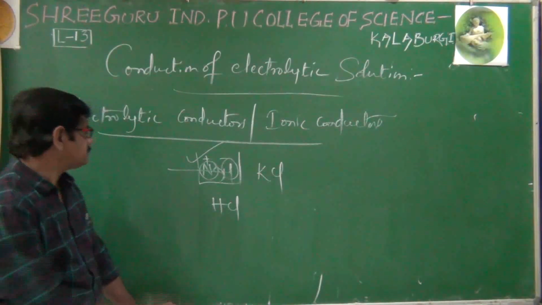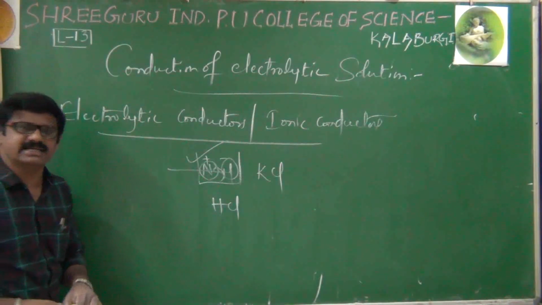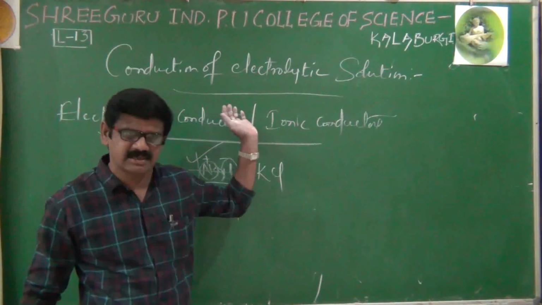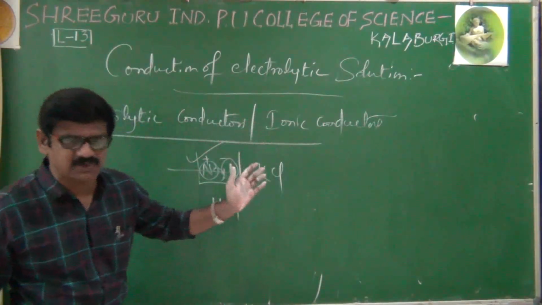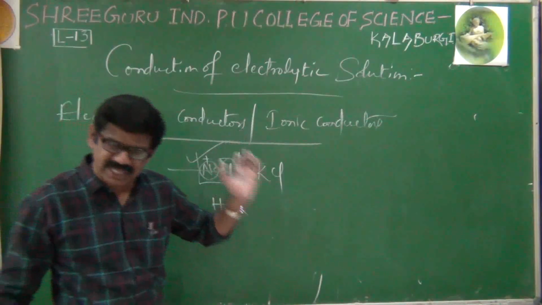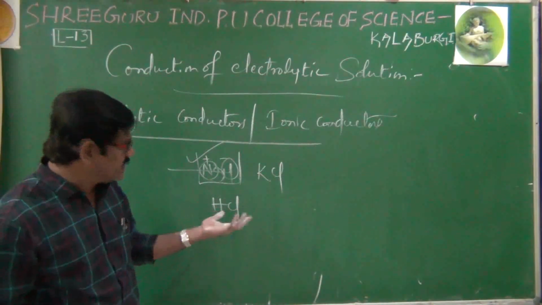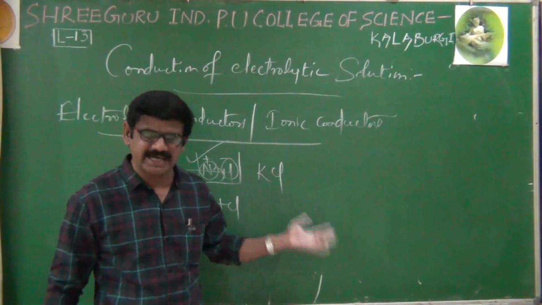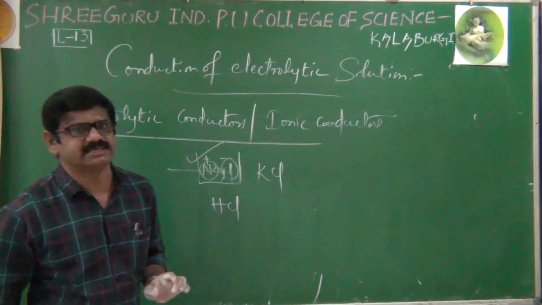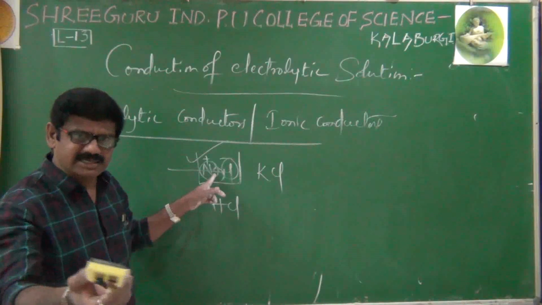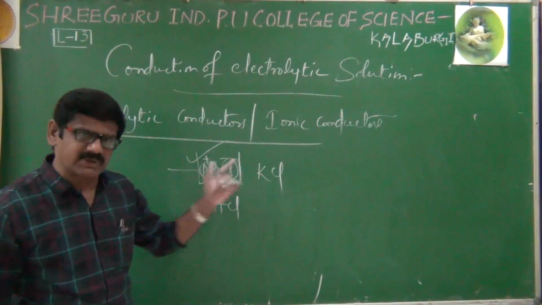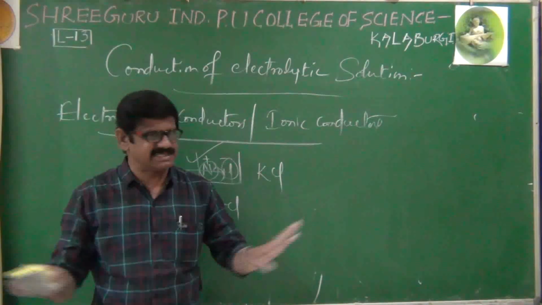I'll repeat. How to define electrolytic conductors? Very simple. The substances or solutions which allow current to pass through them due to migration of ions in their aqueous state or molten state. Here for NaCl, you can take aqueous NaCl or molten NaCl, it doesn't matter.